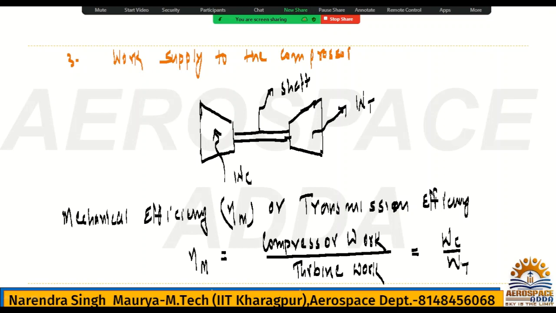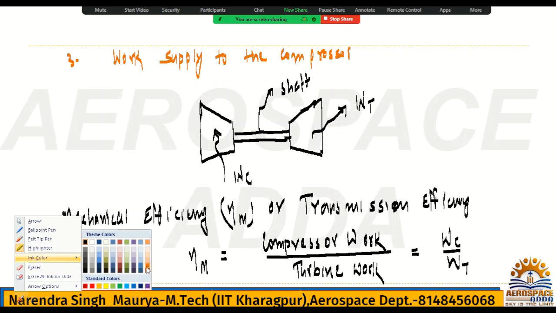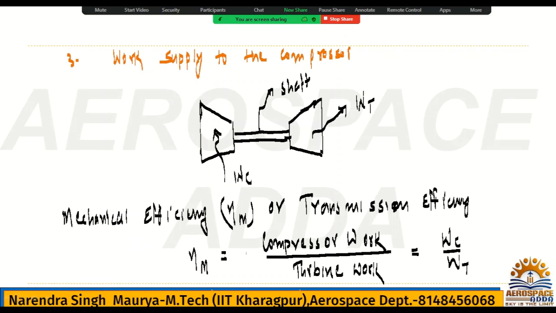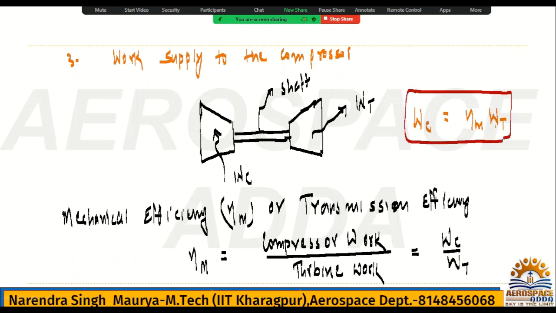It means how much work the compressor absorbs from the turbine. So for that reason we have mechanical efficiency. So Wc is equal to eta m into Wt.